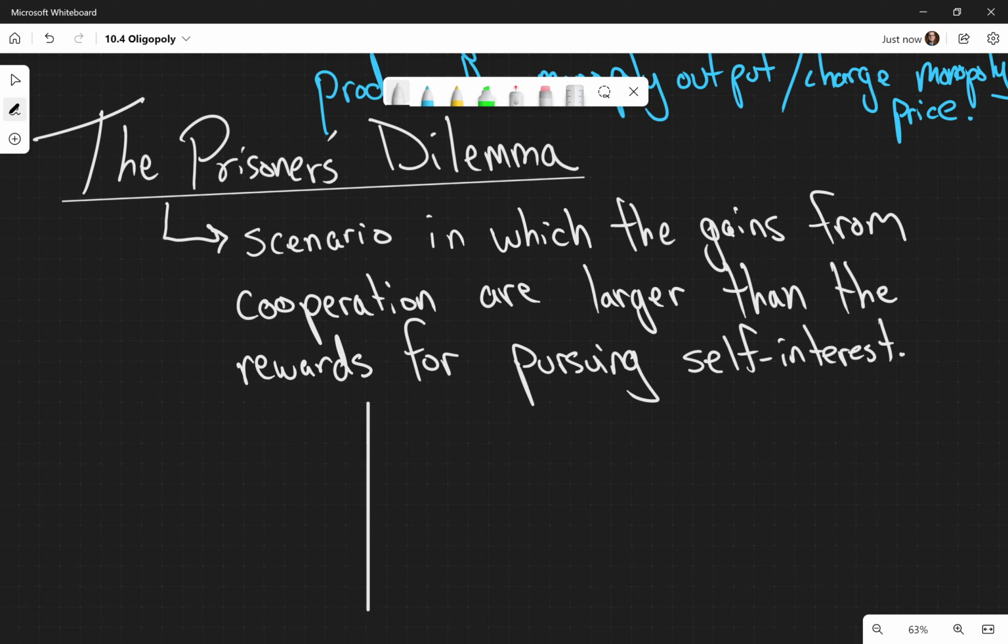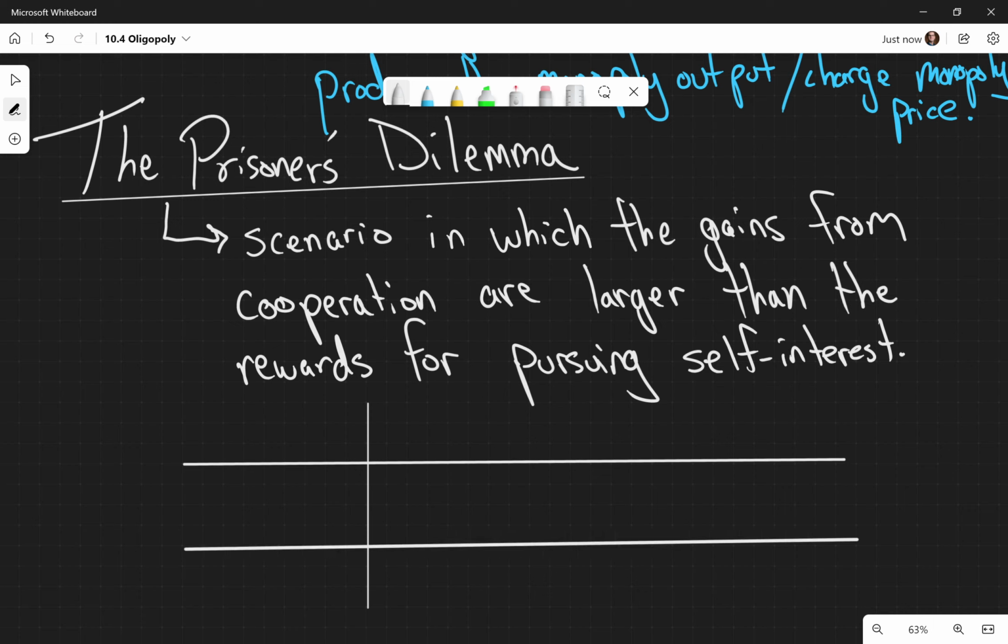little graph here, or a little table rather, not graph. So it's going to look something like this. Over here in blue, we're going to have prisoner A. Up here in yellow, oh, I should actually, boop, I messed this up a little bit, sorry guys.